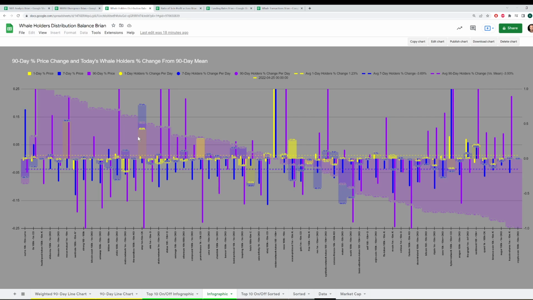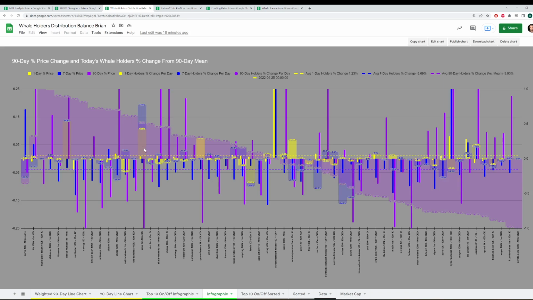So let's say that a whale has held anywhere between 60% to 70% of the total supply of an asset over the past 3 months. And overnight it goes from 60% up to 65%. That would be a plus 50% gain because it is halfway from its min level to its max level.